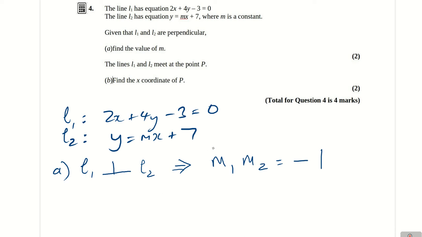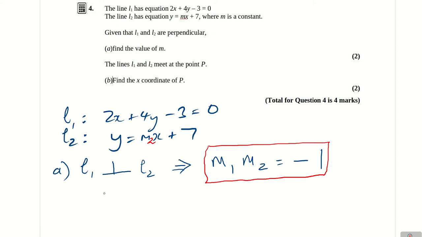That's a fact which you will often be using in A-level maths. So the product of the gradients must equal minus 1, and although we just called it m, I can put a 2 there to emphasize that what we're calling m2 is actually this m, the gradient of the second line.